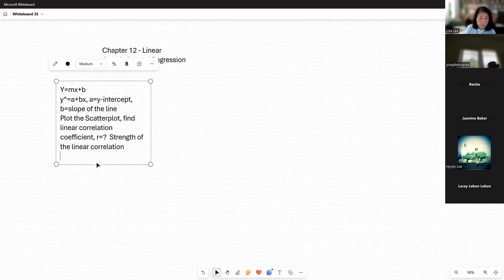Okay, one more thing we need to know. So I'm going to put down the important points. Number one, you must be able to plot the scatter plot. Number two, find the linear correlation coefficient r.